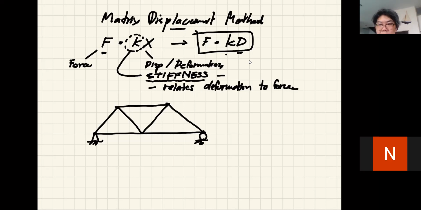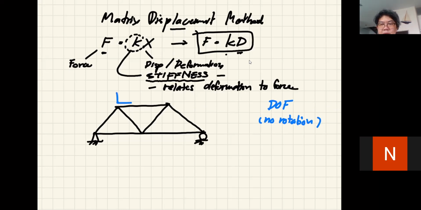So a truss is a two force member. That means there is no rotation involved. So when we talk about degree of freedom of the truss member, yes, we still look at the joints, but there is no rotation. So that means this joint is free to move in X and Y direction.